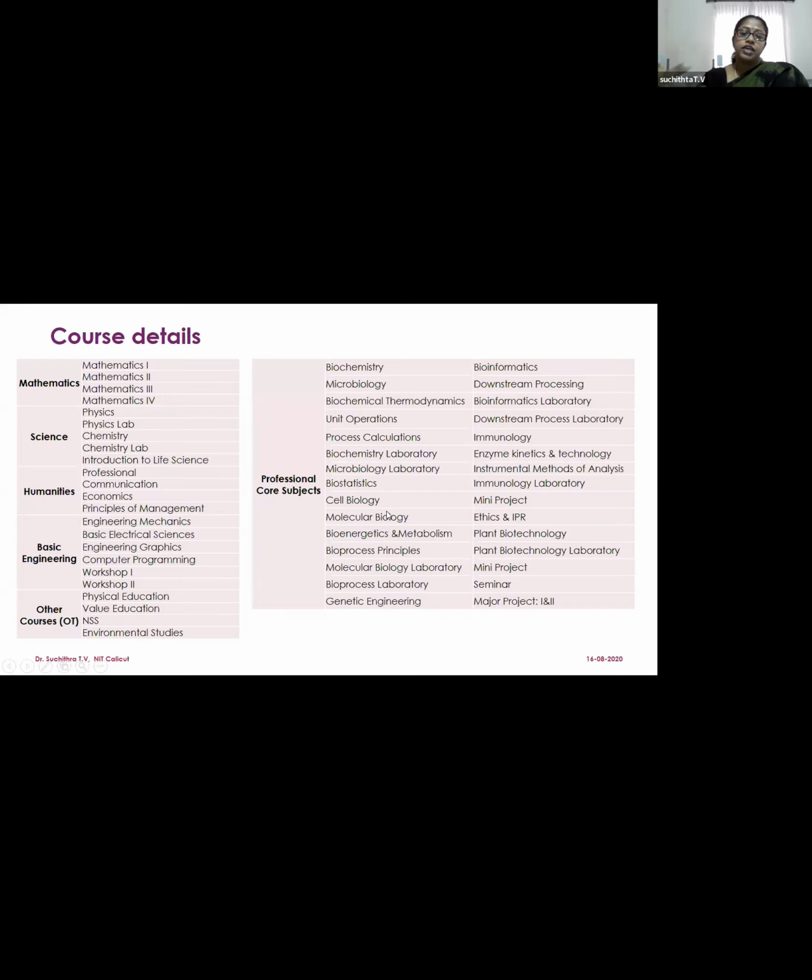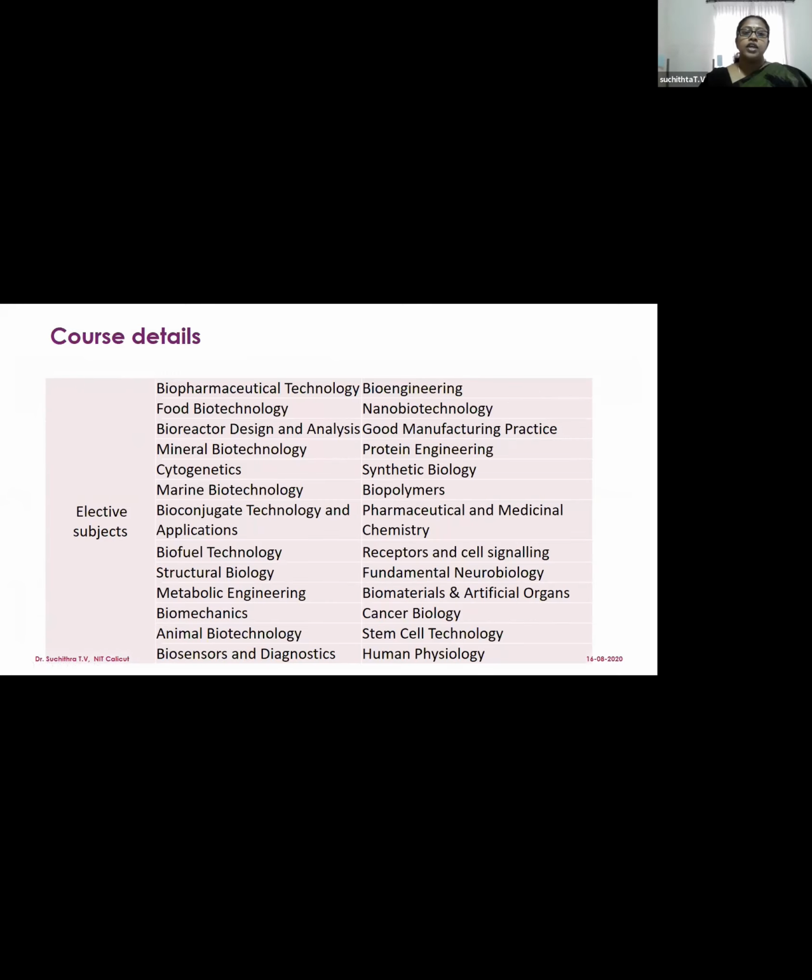As I mentioned, it's interdisciplinary. Many branches are there in this subject, so you will learn everything more. Apart from that, you can excel in your own passion area by studying the elective subjects.